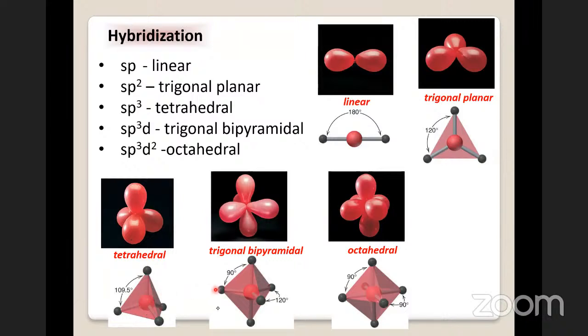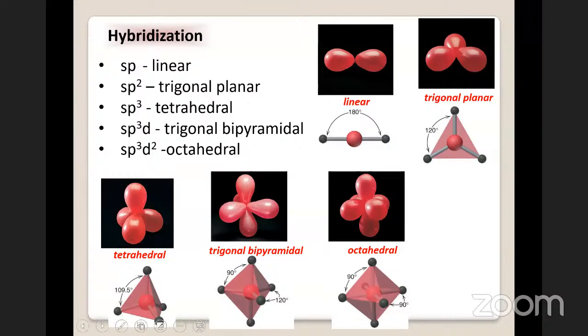In the case of trigonal bipyramidal, there are two forms of angle: the axial and the equatorial. The equatorial is on the equator, and the angle of the equatorial is 120. The angle with the axial, which is the vertical one, is 90.